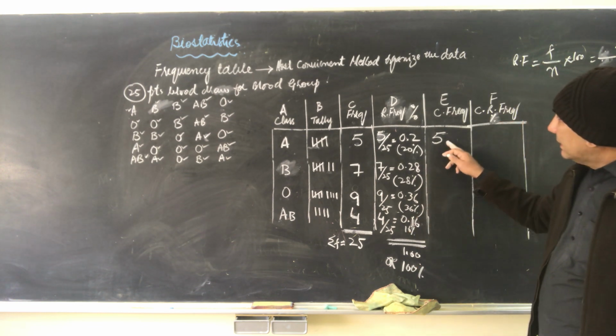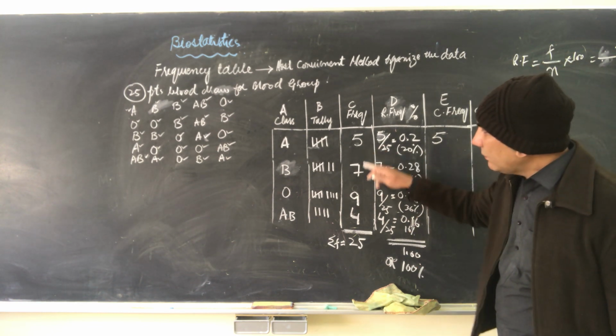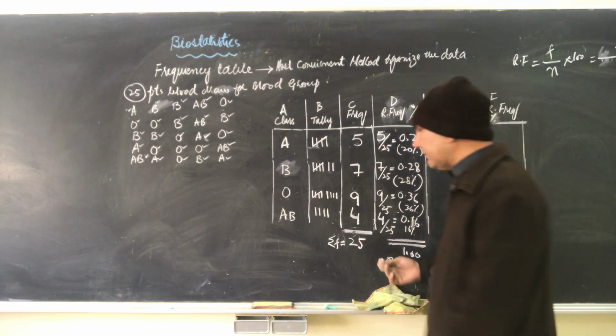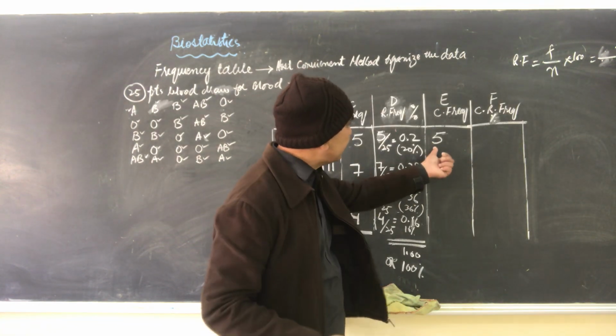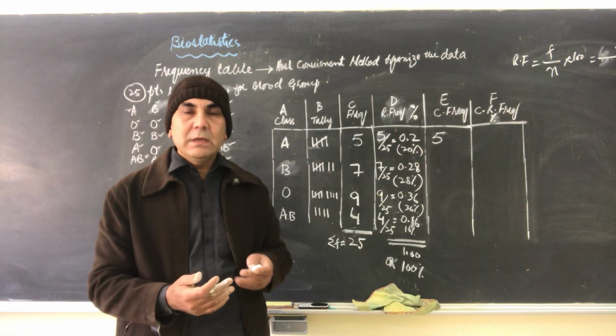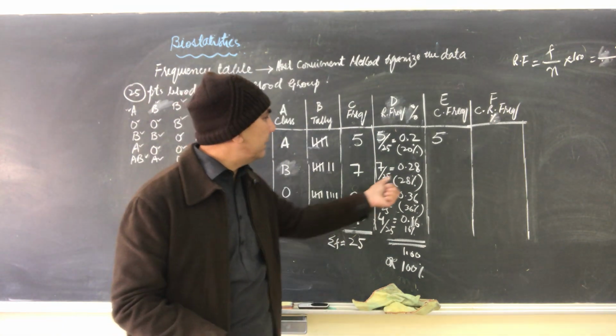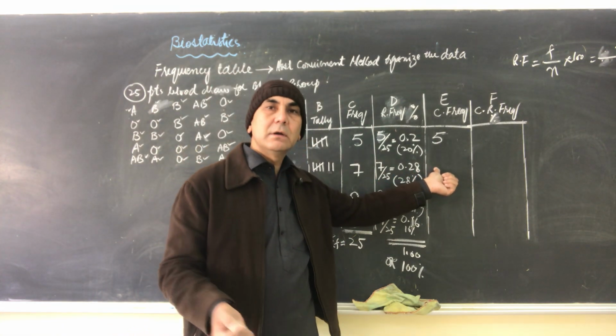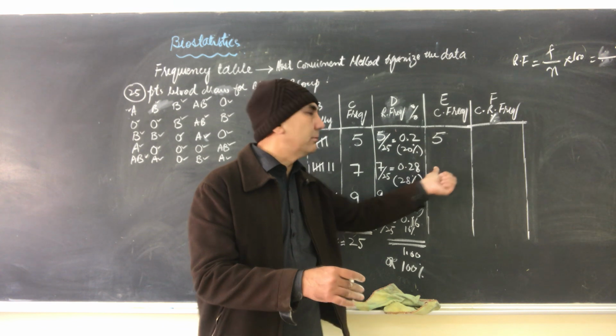Now in the second row, for the cumulative frequency, you add the next frequency to the previous cumulative number.